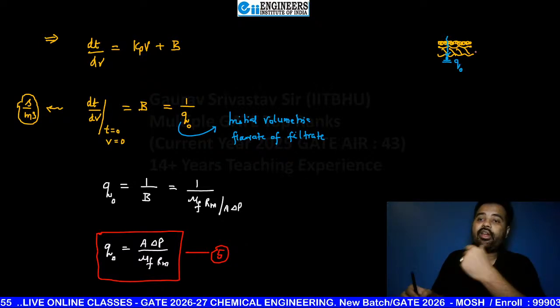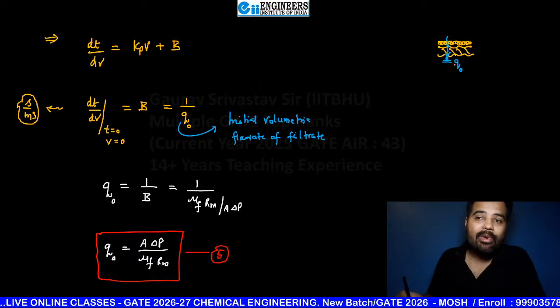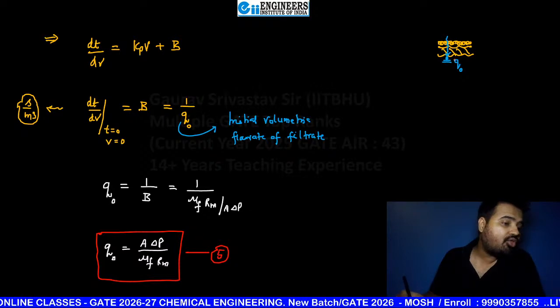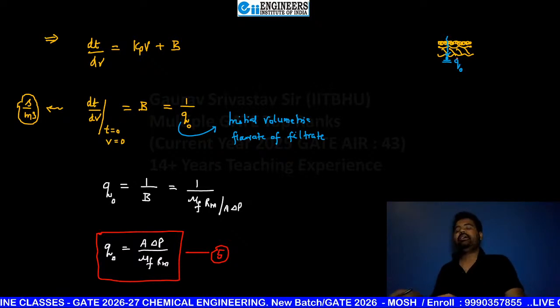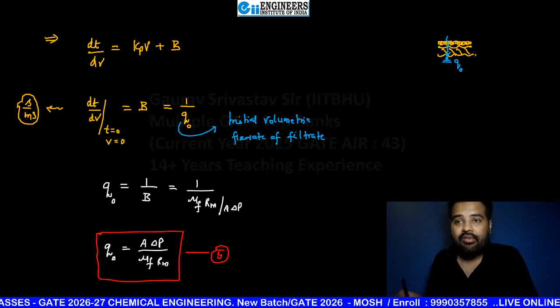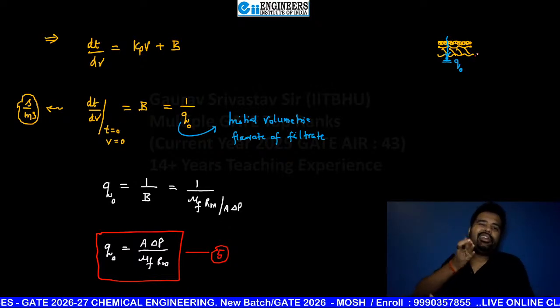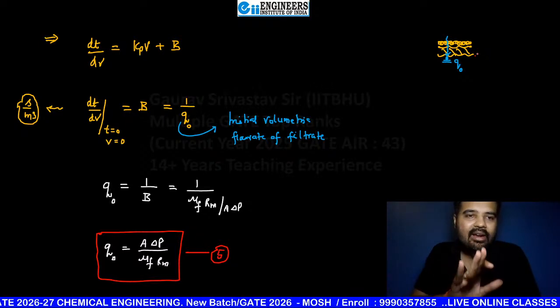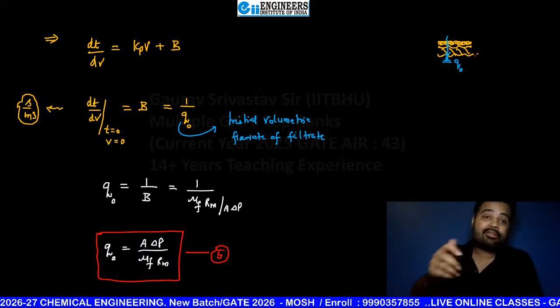This Q naught, beta, is the initial volumetric flow rate. If t is equal to 0, how is Q not 0? Beta, when t is 0, it is actually t tends to 0, just as time started. In mathematical terms, we can deal with it like this.